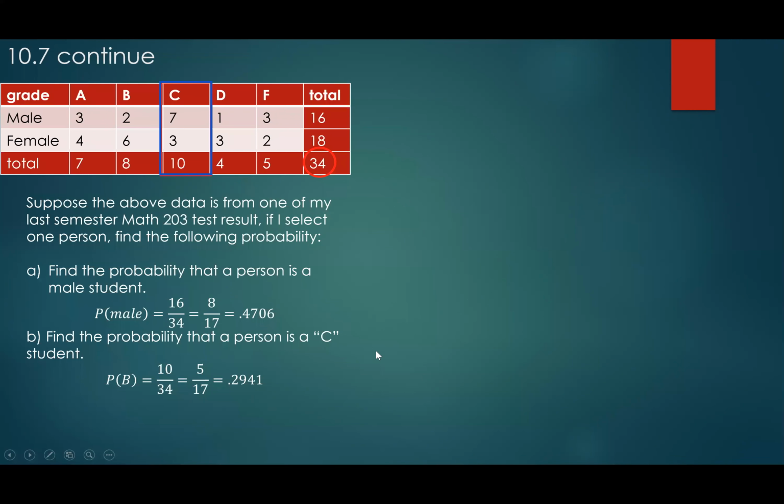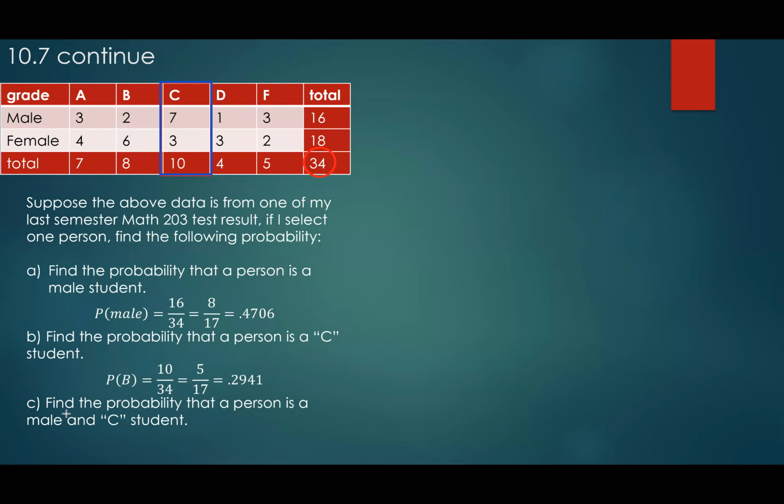And lastly, for this item, one thing I want to point out is that tomorrow, Thursday, you will see the word and again. This item asks to find the probability that a person is a male and a C student, meaning how many students are male and also a C student. It's not just the males by themselves, and not just the C students by themselves.